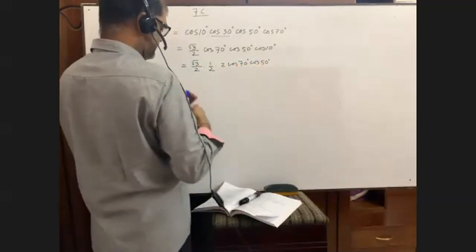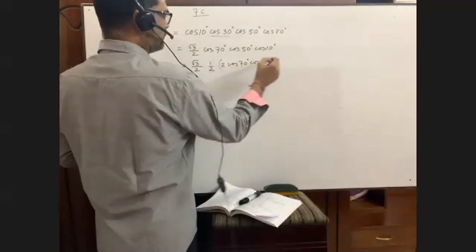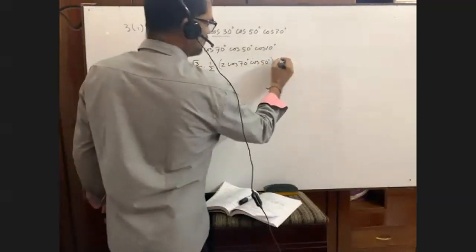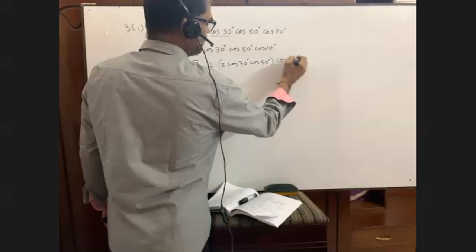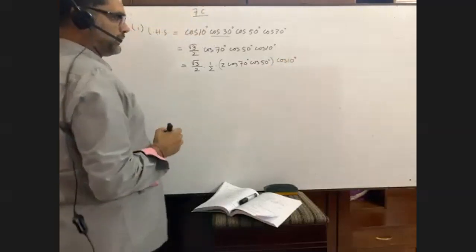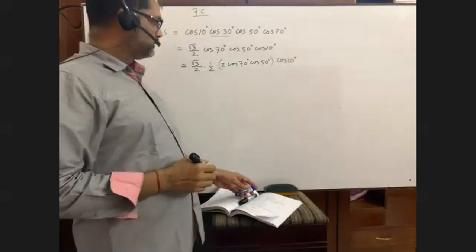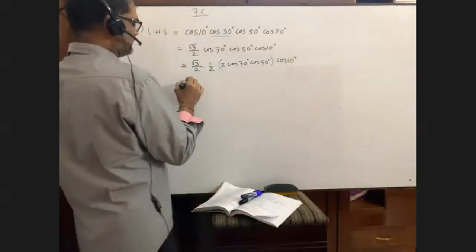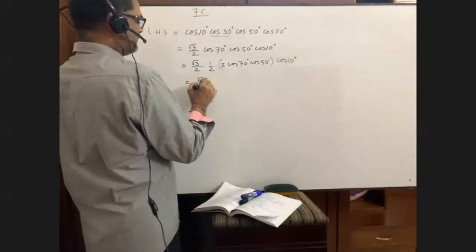I have taken this so that I can put it into the formula. Now it is cos 10 degree. You see what is the formula in the bracket? 2 cos A cos B formula: cos of A plus B plus cos of A minus B.